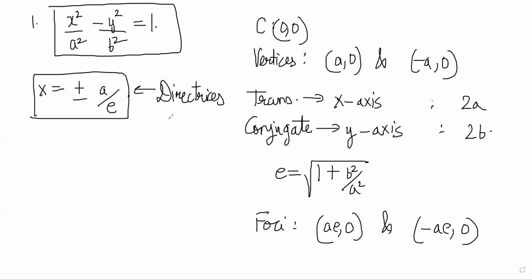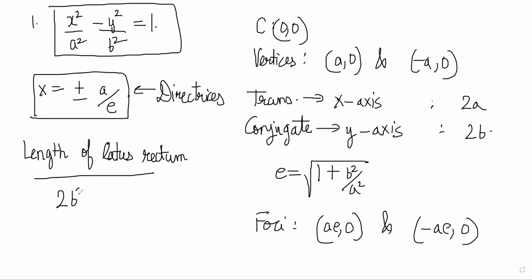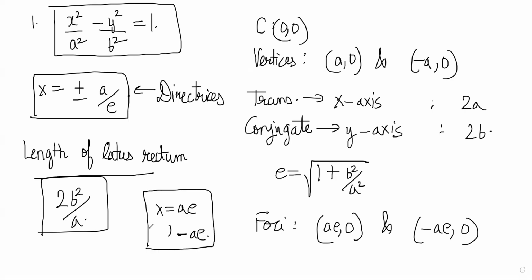And the length of the latus rectum is basically the chord through the focus which is perpendicular to the transverse axis. It would be 2b square by a. So basically, the equation of the directrix would have been x is equal to ae or x is equal to minus ae. If you put that in this equation, you will get 2 points for y. The length of the latus rectum will come out as 2b square by a.